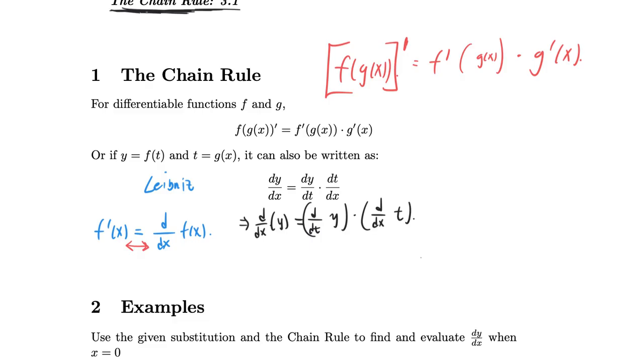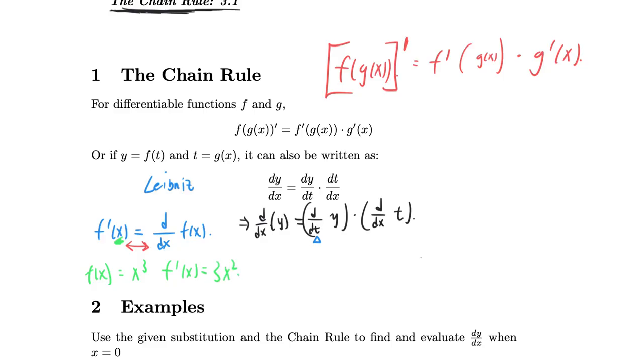This makes it more clear which variable we are differentiating with respect to. Like with f prime of x, we are implicitly differentiating with respect to x, right? For example, if I had f of x equal to x cubed, and I asked for f prime of x, everything would be about x, right?